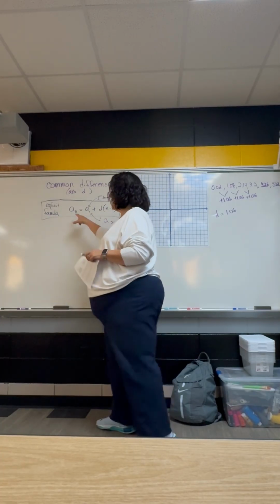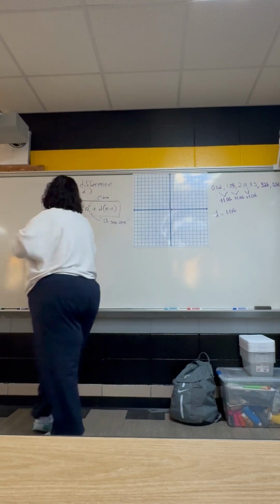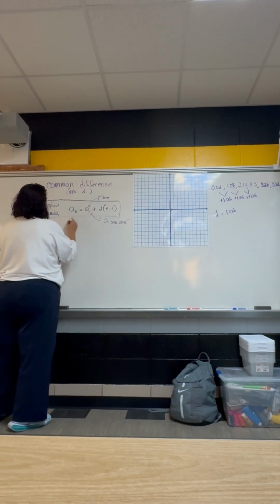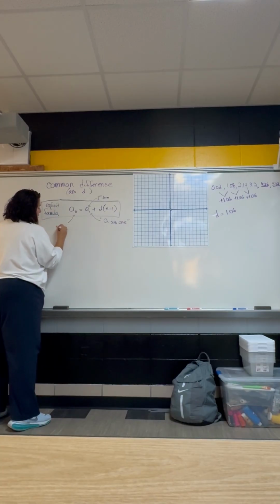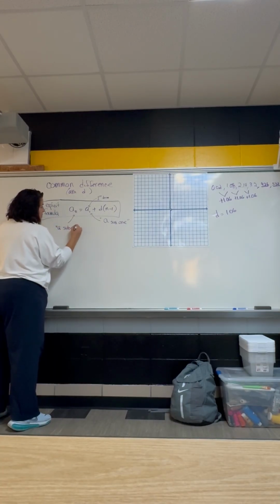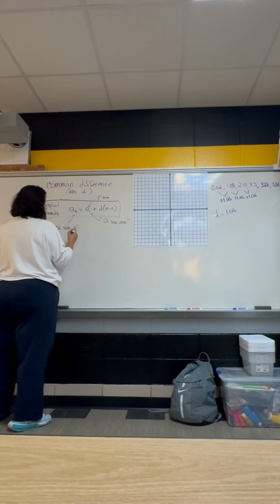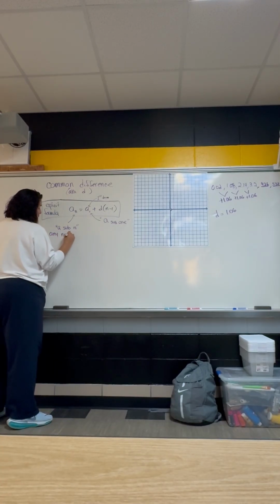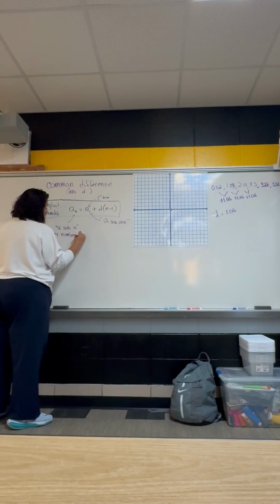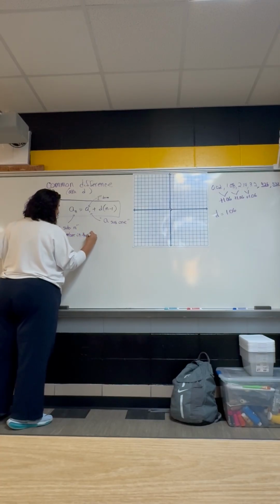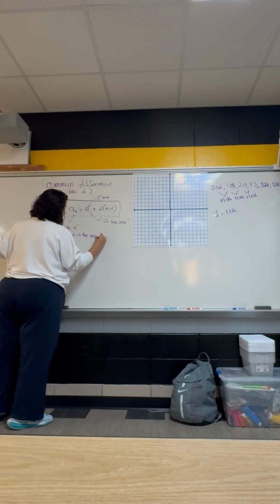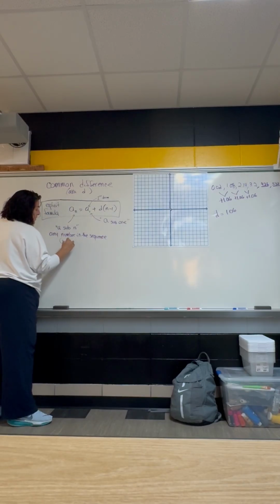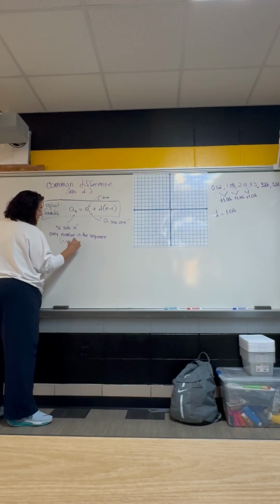So that's read a sub n. Let me write that down. So this is a sub n, and it means any number in the sequence, and I'm going to put x value because it's the placeholder.